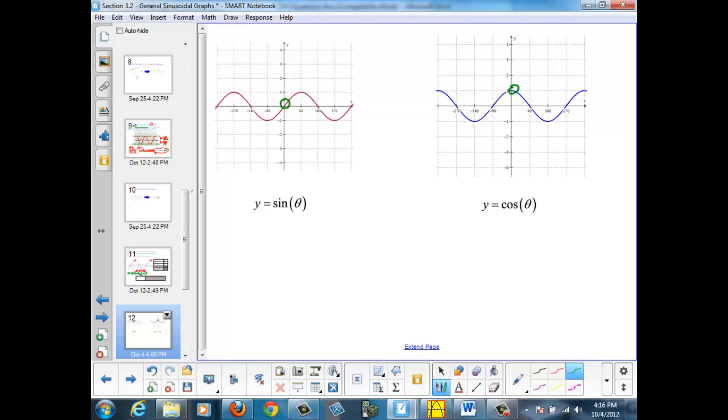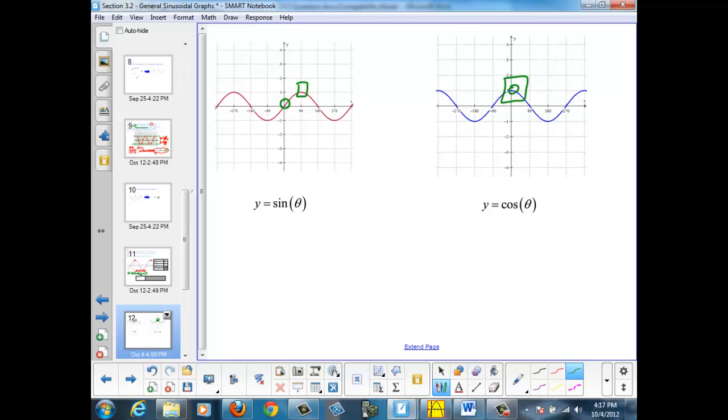You'll notice that the two graphs look very similar. The high point that occurs here for the cosine graph is now at 90 degrees for the sine graph.